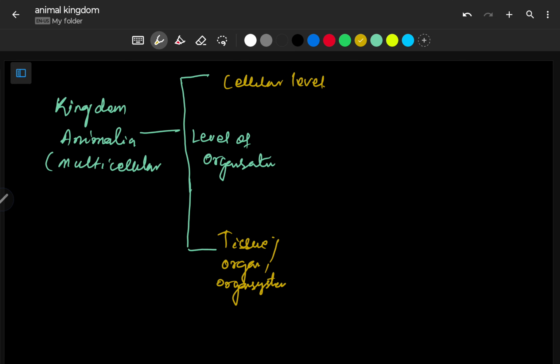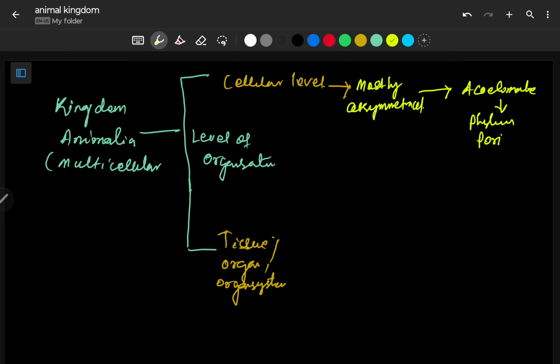Now those which are having cellular level of organization, their body symmetry is mostly asymmetrical. Okay, and they are acoelomate. And for example, here it includes the phylum Porifera. Okay, there is nothing more after this.